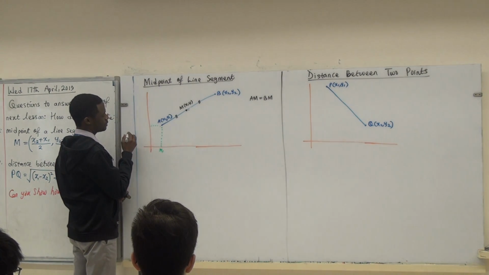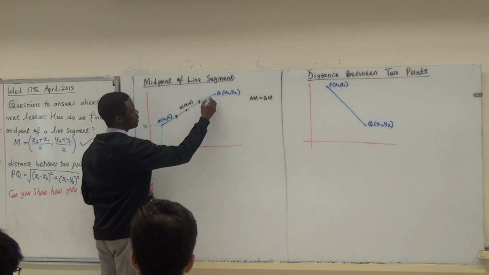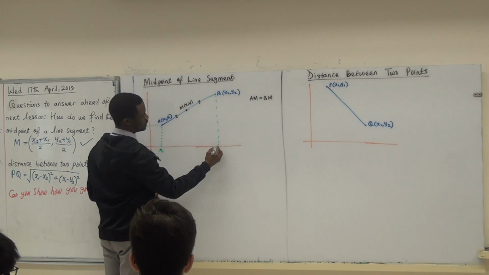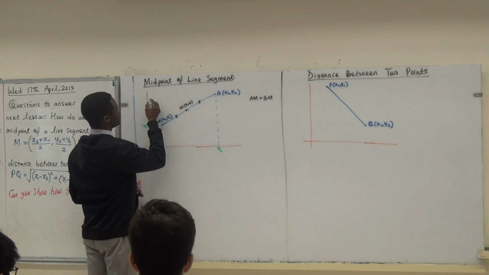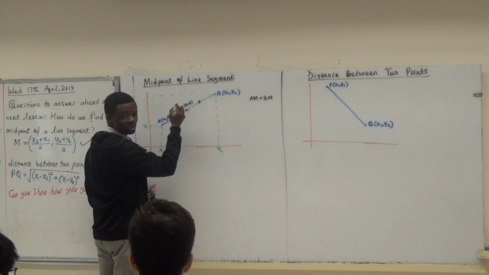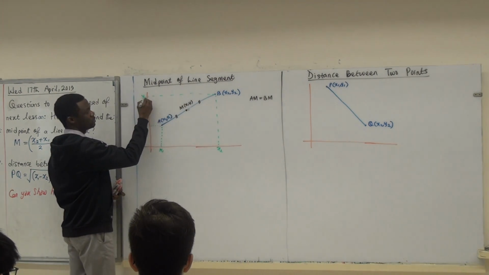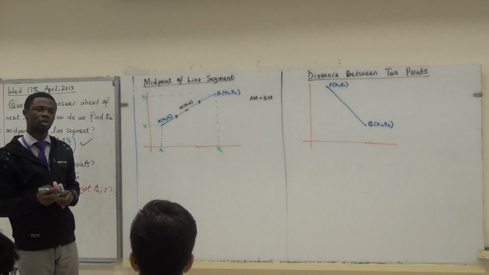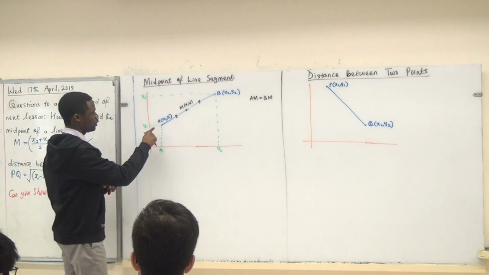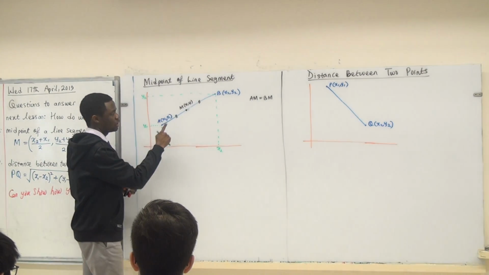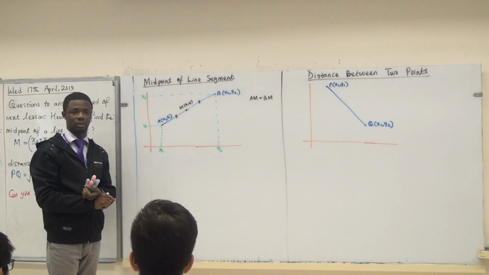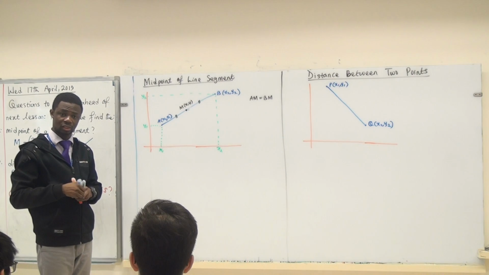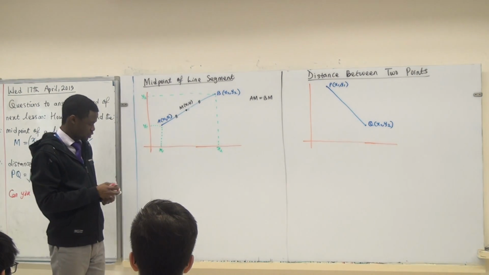What about this point? y1. And for B, what is this point? x2 and y2. All right. So the question here is, we know these extreme points, we want to find the midpoint. Does it make sense?